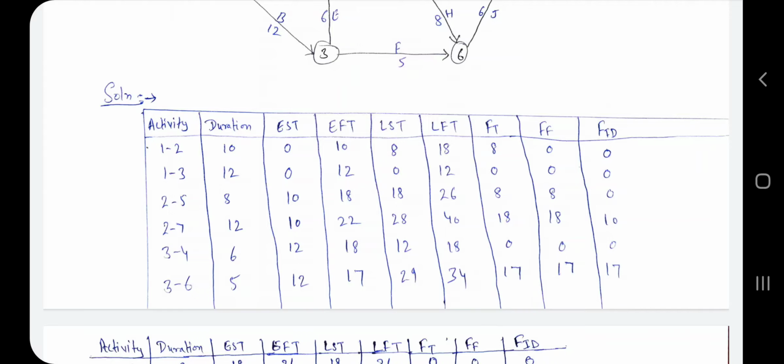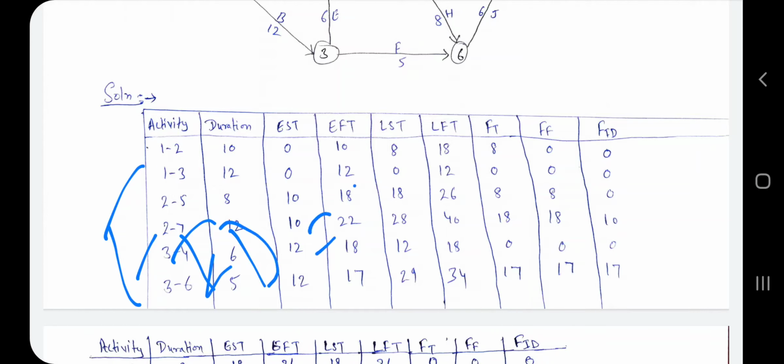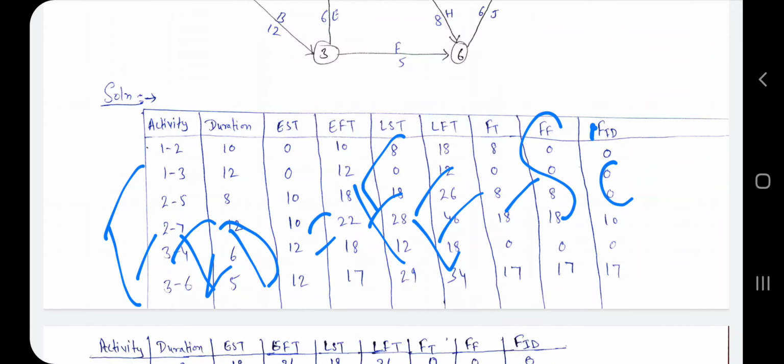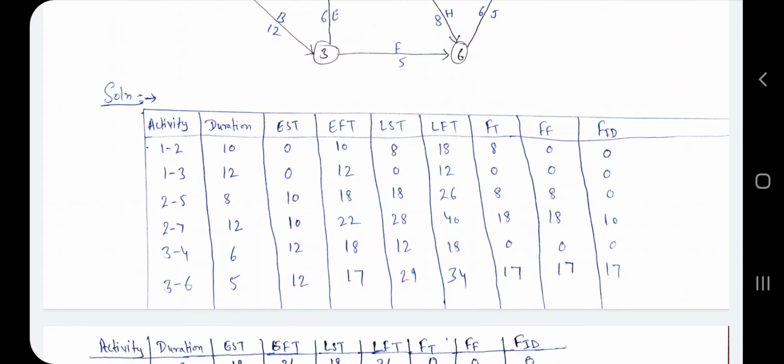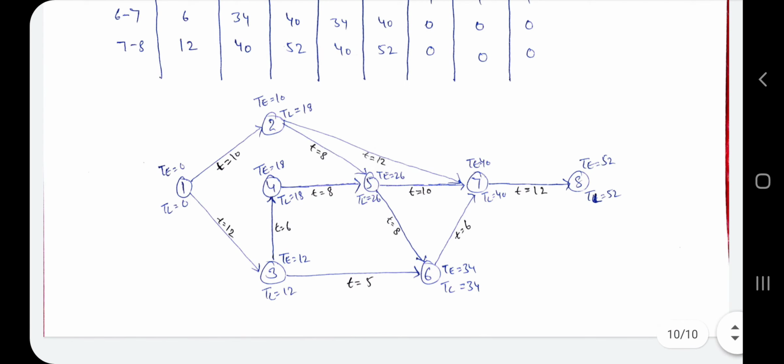Now we have to find the last one, the independent float. For independent float we have one formula, that is FID is equal to free float minus SI. SI means slack of the I activity. This is our I activity, and we know that SI is TLI minus TEI.